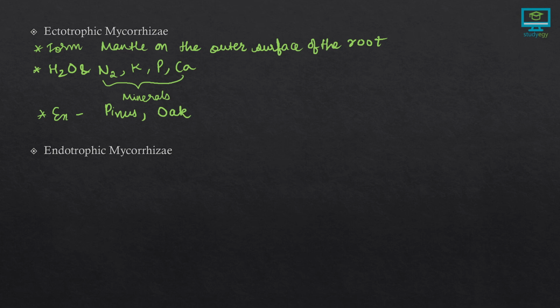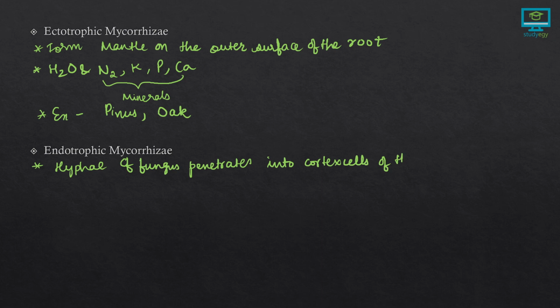Now coming to endotrophic, the hyphae of fungus penetrates into the cortex of the root. Here usually they play a major role in phosphorus nutrition.